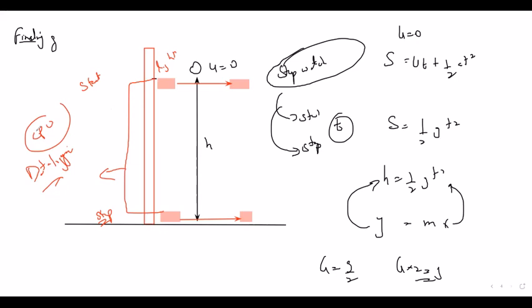So there is also another way which we can use. We can use a digital camera, and we record the motion of an object when it is falling.